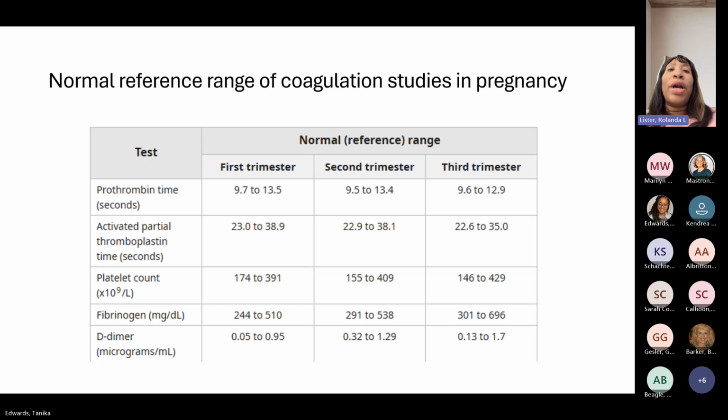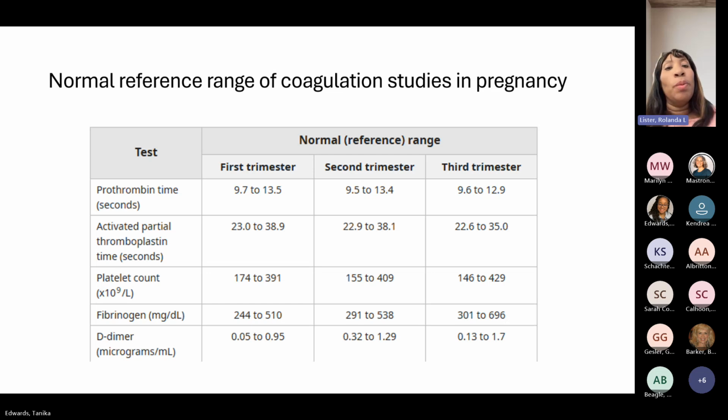So when we talk about, okay, how do we assess someone who's in DIC? How can we even know whether or not they are in DIC? A good starting point is really understanding the coagulation studies in pregnancy. What is normal, what is abnormal, and what, by different trimester. The liver is very active in pregnancy, so it is making a lot of clotting factors.